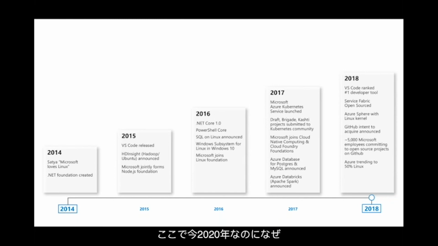Now, one question I also get is, why is it only up to 2018? We're now in 2020. I guess I've just run out of space on the slide to continue updating the announcements. And there have been several more this year as well, with the most recent announcements at Build, like Azure Arc, which offers a single plane of control for customers with their on-prem, hybrid, or cloud infrastructures, and managing all of that.